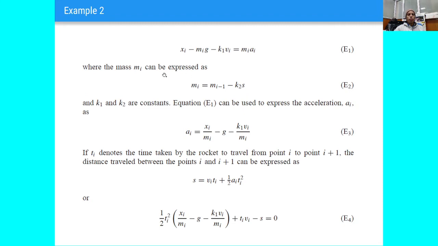So how will this mass be decided based on your preceding stage? This may be given as mi equal to mi minus 1, that is the mass at the preceding stage, subtracted by a certain constant.